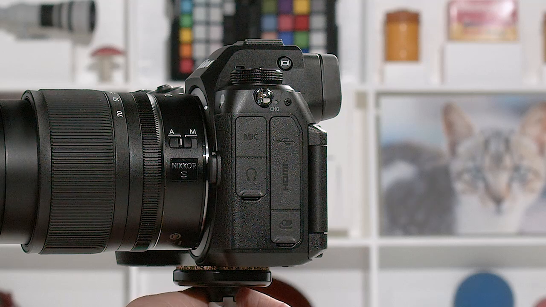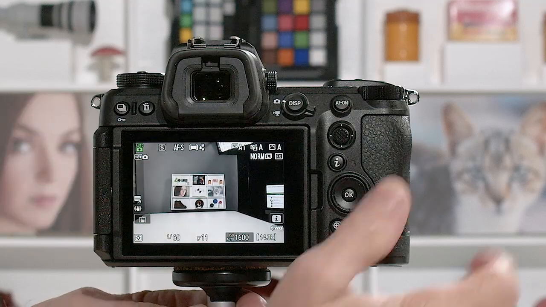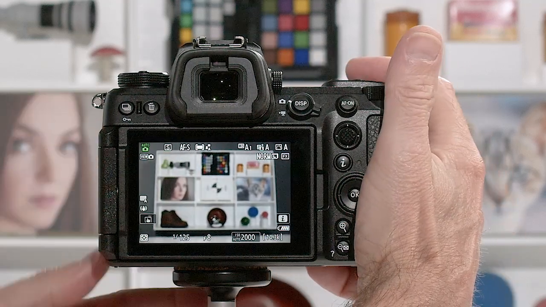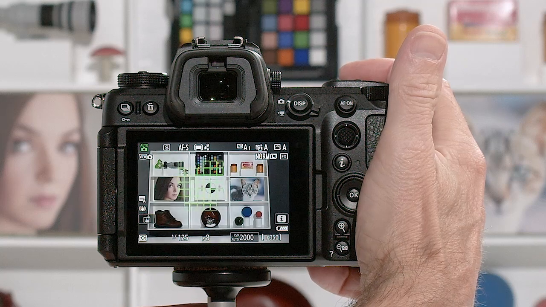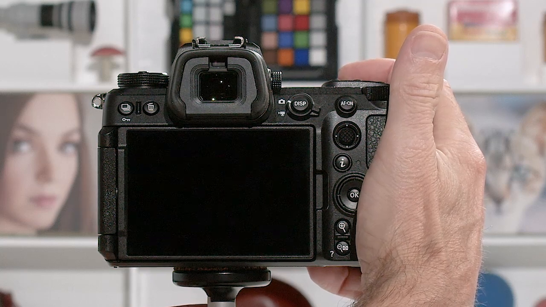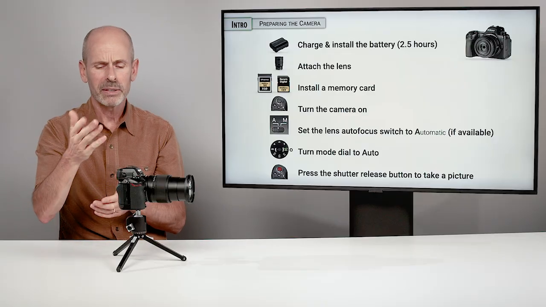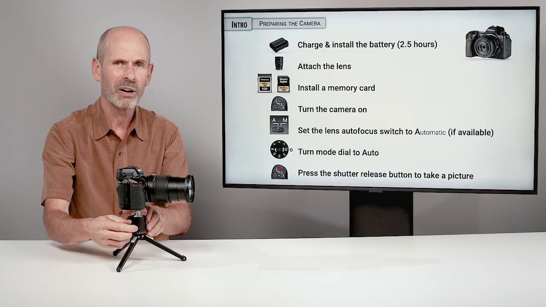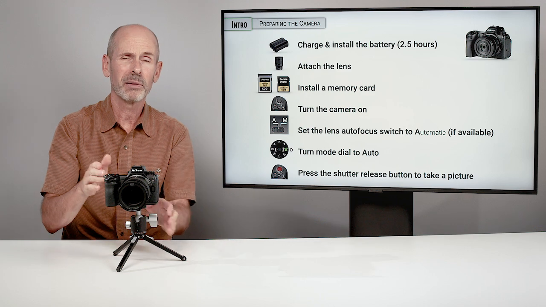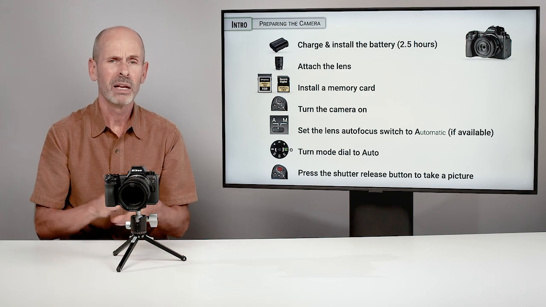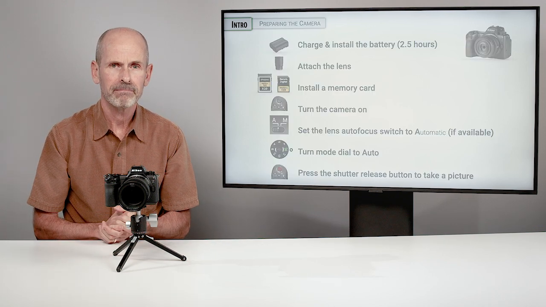So I'm going to make sure it's in autofocus. That way when I press down on the shutter release, it's going to focus in on the subject, and if all's right, yep, we hear a click. So my camera's working out fine. Sometimes people need to go get a memory card or charge their battery, and this is a good time for you to get that done so that you're ready for the remainder of the class.